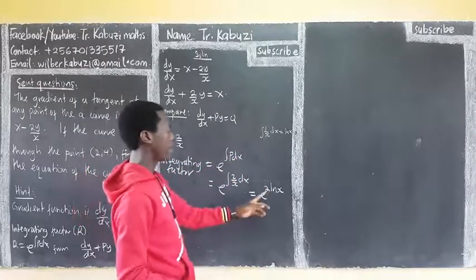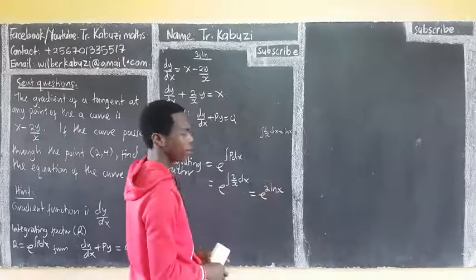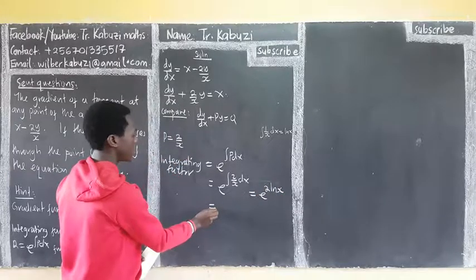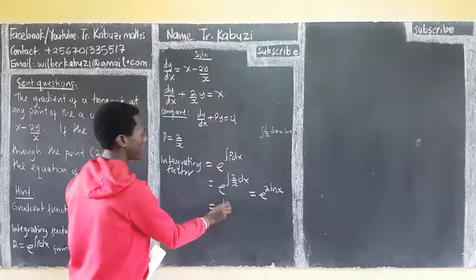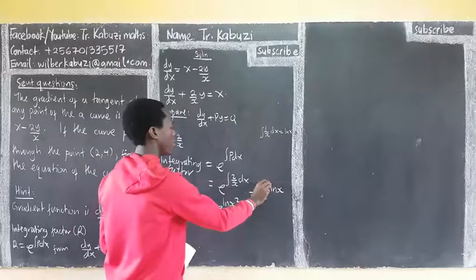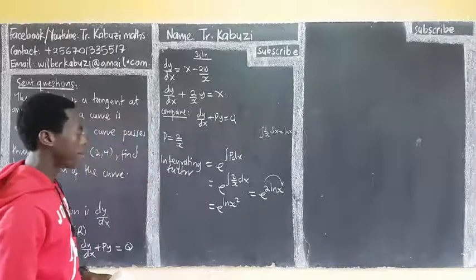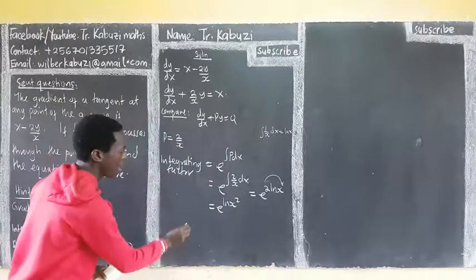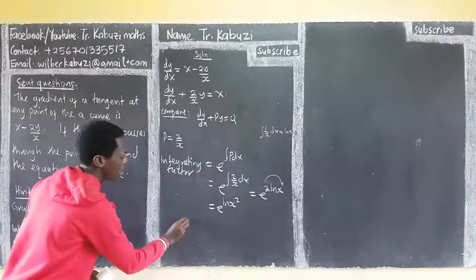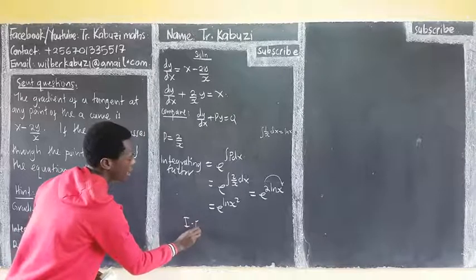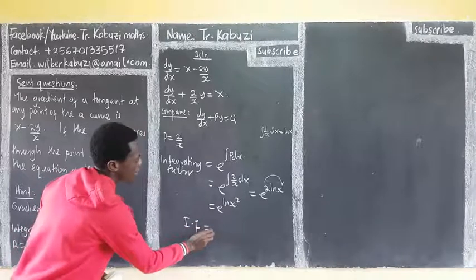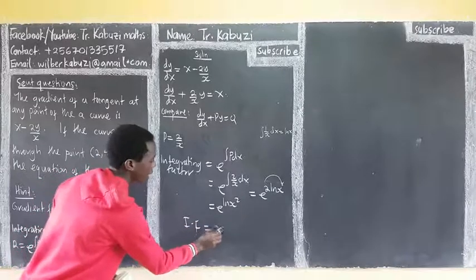Now, apply properties of logarithms. This one will be the same as e to the power natural log of x squared, when I bring the 2 here. Now remember properties of indices. Our integrating factor is going to be x squared.